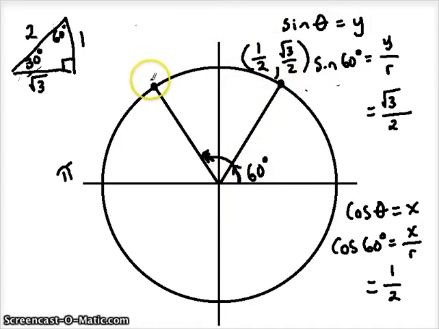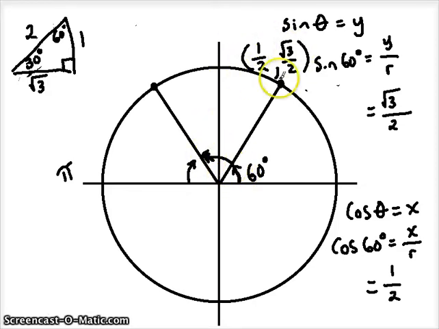And if we go over to this side, we have 120 degrees, or we also have a 60-degree angle going from that direction. It's also known as the reference angle. We'll talk about that in a different video. So we end up getting the same values, because 60 degrees is the same value as 120 degrees.